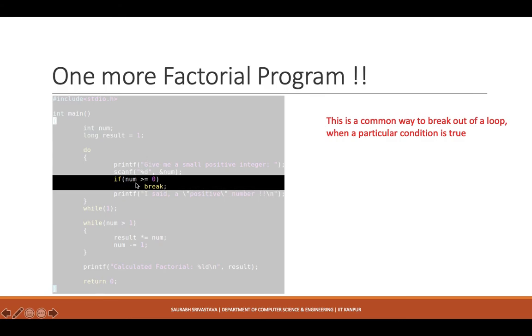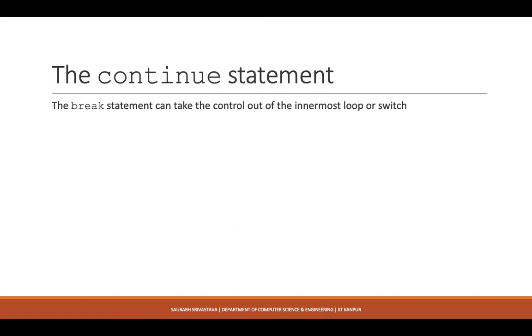So essentially what will happen is whenever num becomes greater than or equal to 0, the control will get out of this loop, right? So this is the idea, that with the help of break, we can define conditions within the loop body as well. And this is a very common way to use break, right? So we often use break to get out of loops.